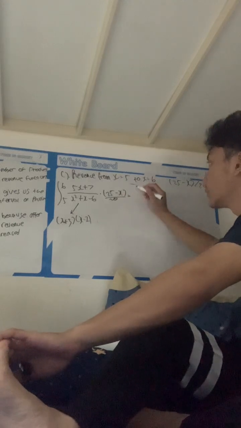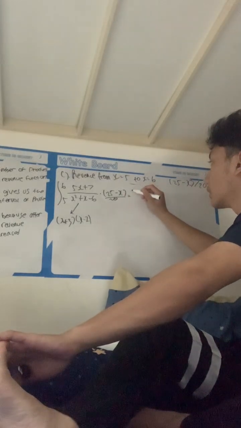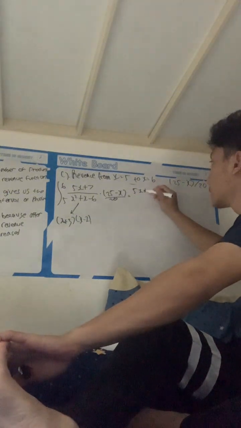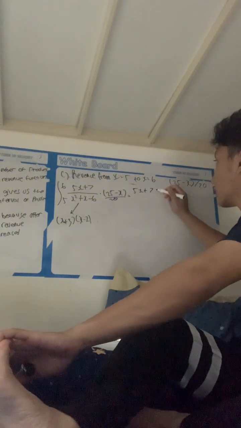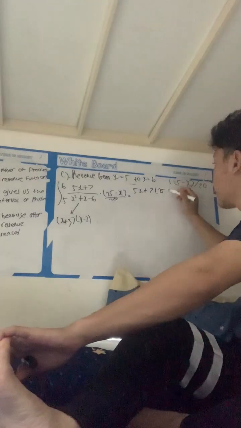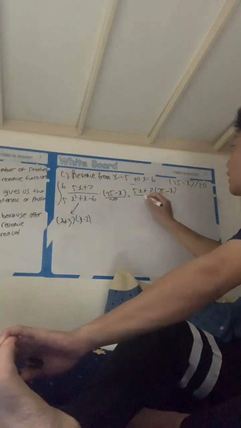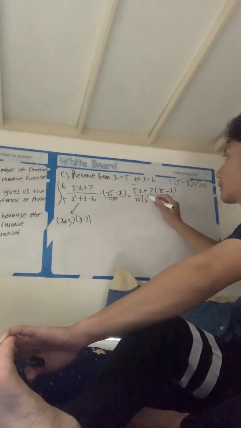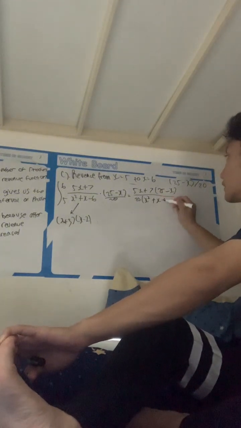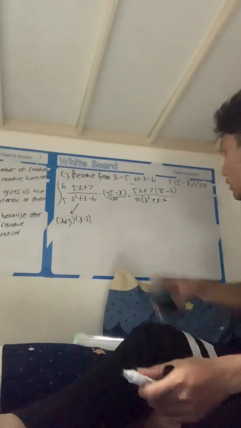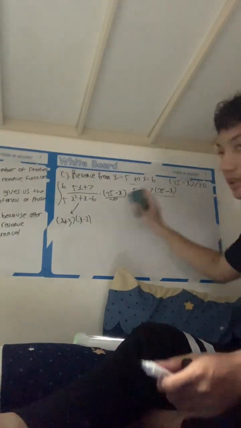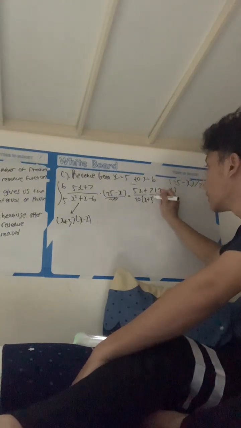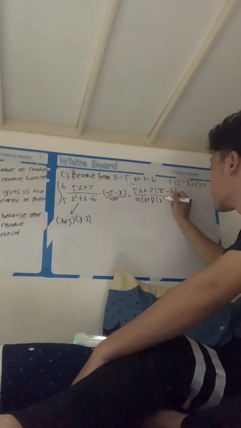Okay, so this will result in 5x plus 7 times 25 minus x divided by 20 times x squared plus x minus 6. Actually, I'm gonna just write the quadratic expression here. So this is x plus 3 and then x plus 2.